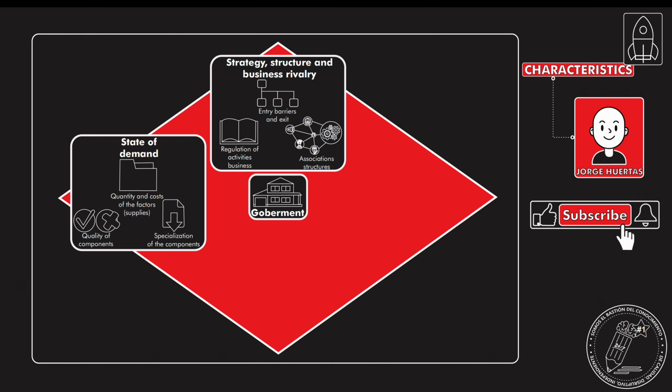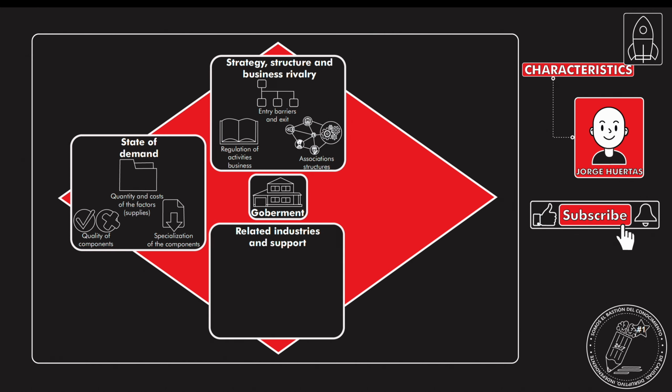Because if you want to sell a product or a service and there is no market for that, that will be a big problem for your company. You need to know the related industries and support. It means with which industries I can make alliances, and the support and associations from other companies that perhaps could help me during the process.